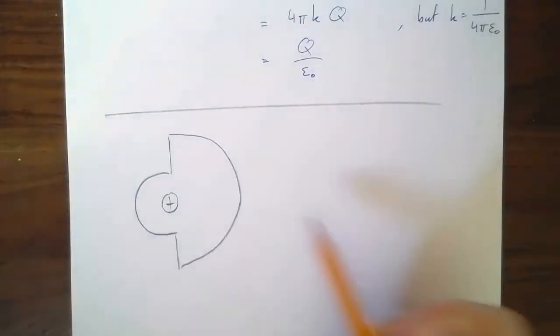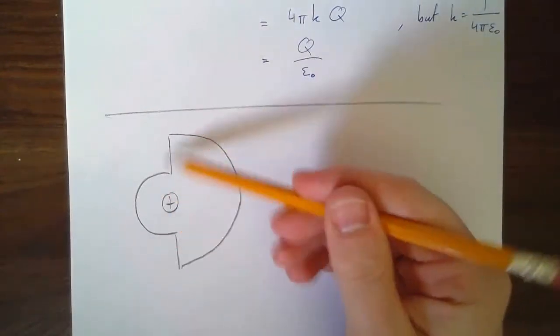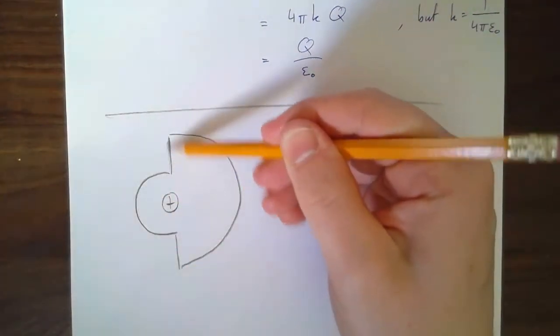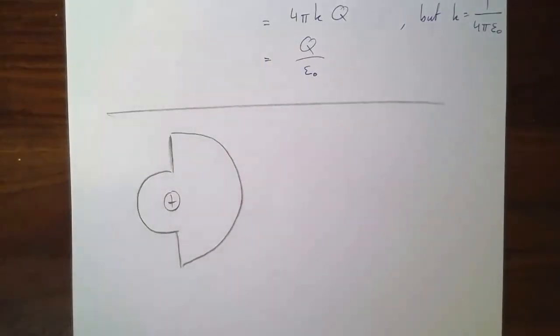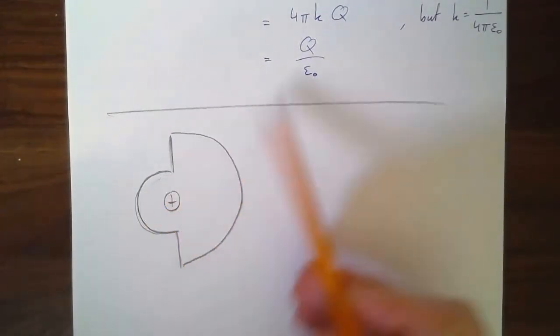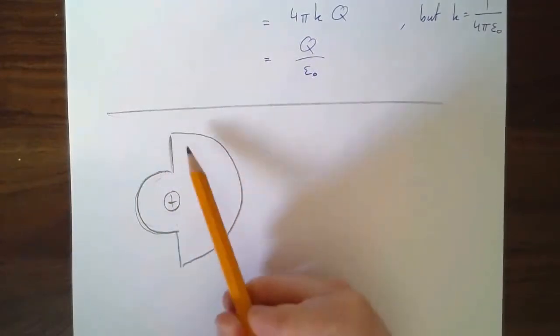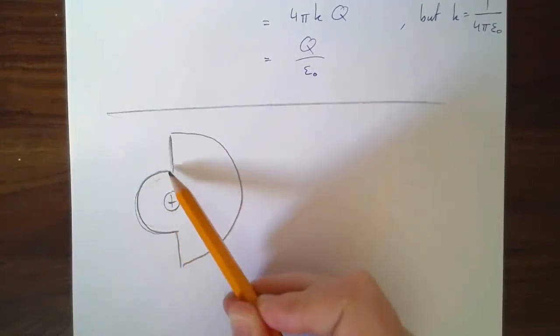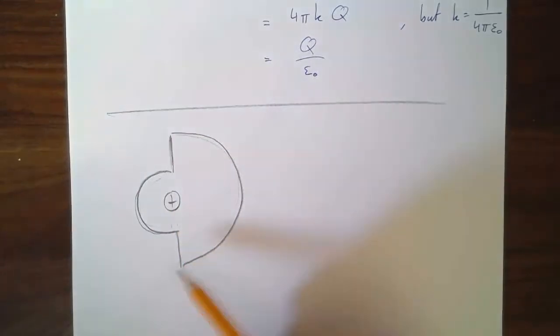Imagine I take two spheres, one small, one large, and I cut them in half, and I stick them together like this, with a sort of flat surface here. What's the total flux through that one? Well, this is going to have half the flux that we had up there, because it's half a sphere, and the whole thing is symmetrical.